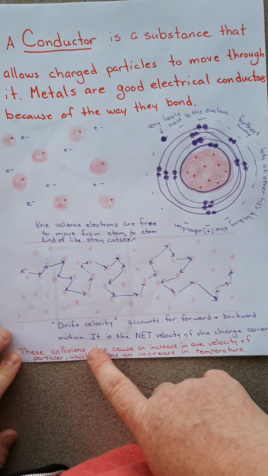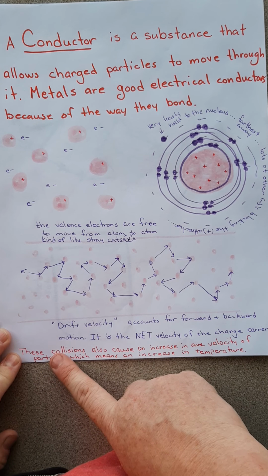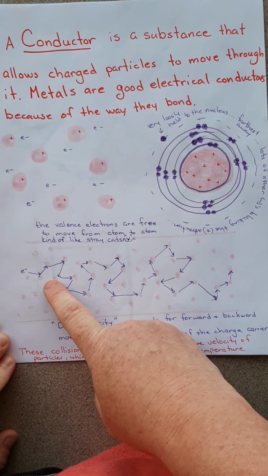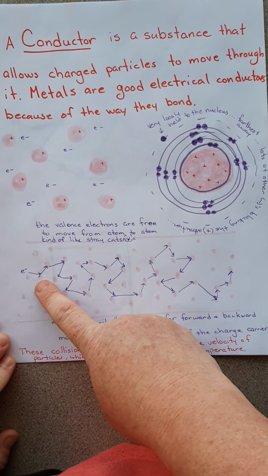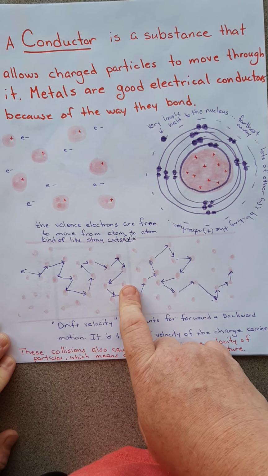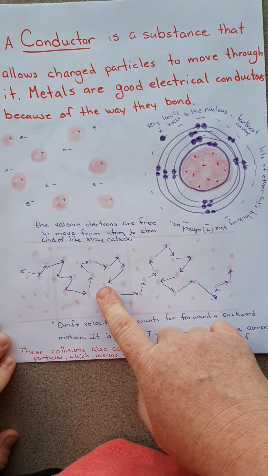An important note, and we'll get into later why this is so important: as the electrons collide with the particles, anytime there's a collision, there's a little bit of motion, so the particle will actually move more. More motion, more velocity, equals more kinetic energy.